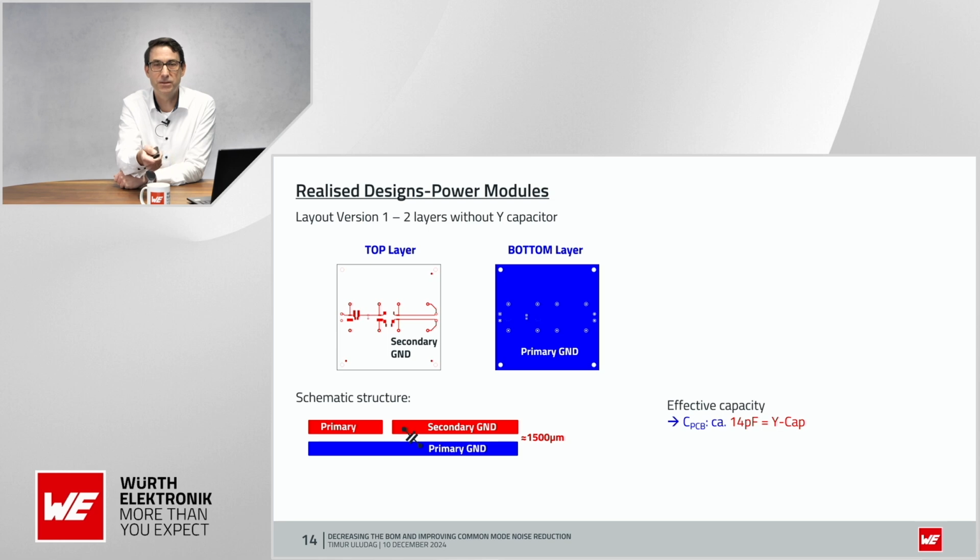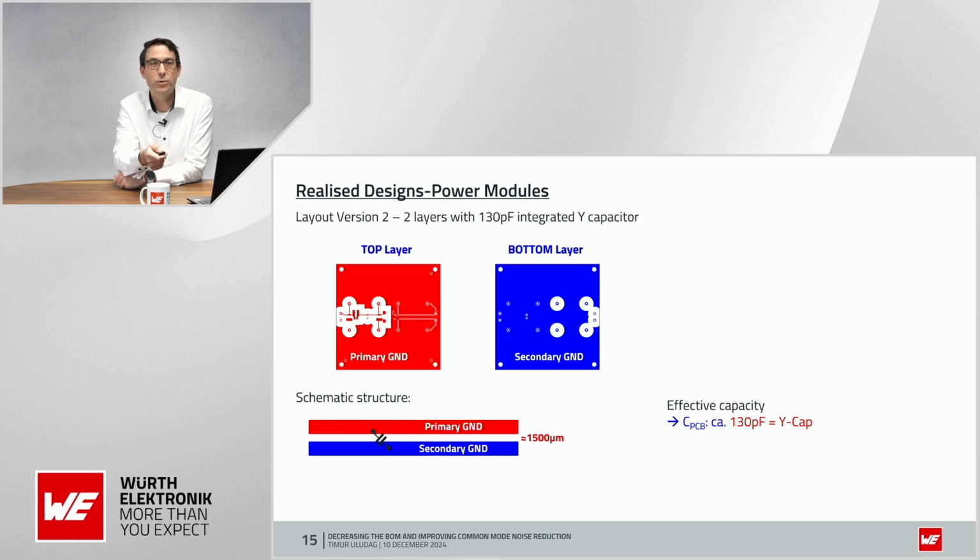This capacitor is already 14 picofarads. But as you can see, here there was no intention to form a capacitor, but as we see, also a simple 2-layer layout forms a capacitor, that gives us the first hint how we can make it.